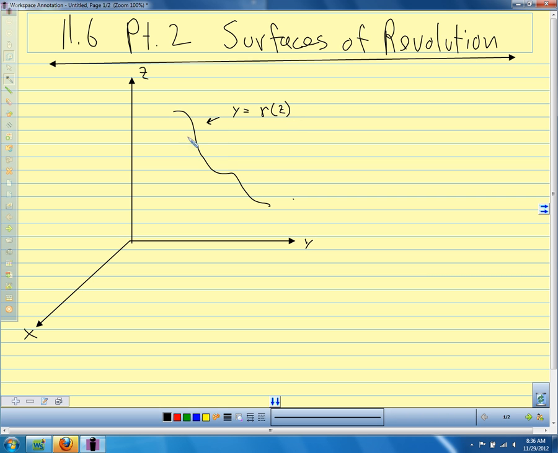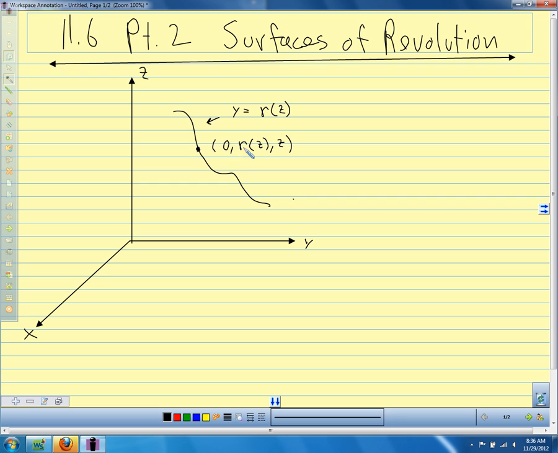So a point on this curve, since we're in the YZ plane, is going to have the coordinates 0, the y coordinate given by our function r of z, and the z coordinate is just z.